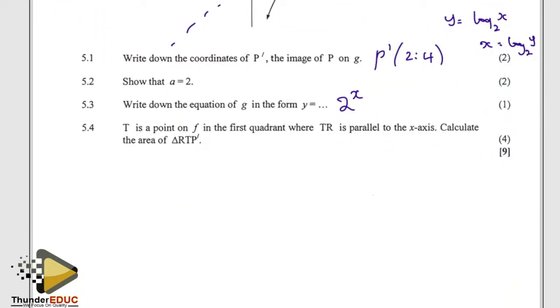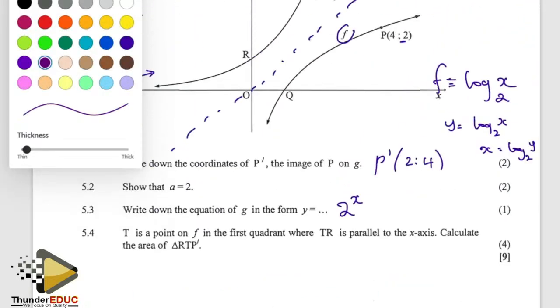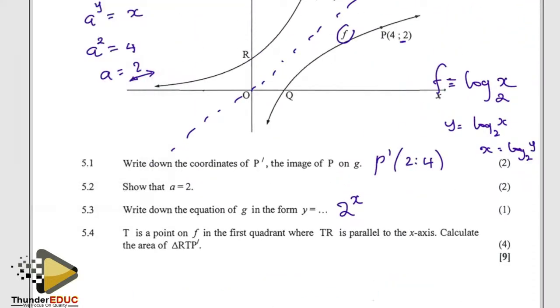Then 5.4, T is a point on f in the first quadrant. Let me just use a different color. T is a point on f such that the lines are parallel.